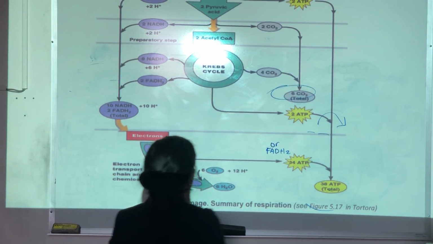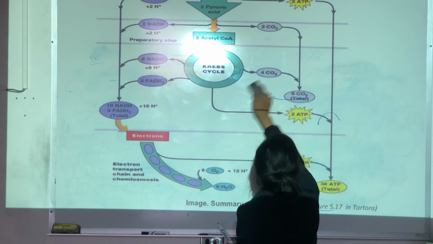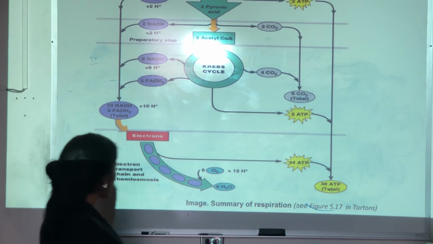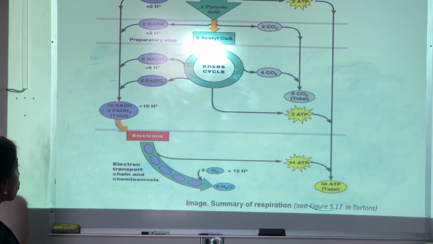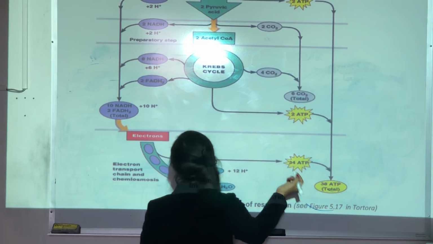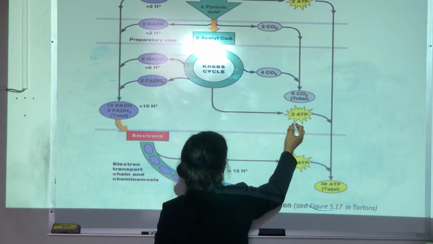Right, so in total, this is our summary of all of the energy that gets made. Remember, we have 2 ATP that were made in glycolysis, another 2 ATP that were made in the Krebs cycle.